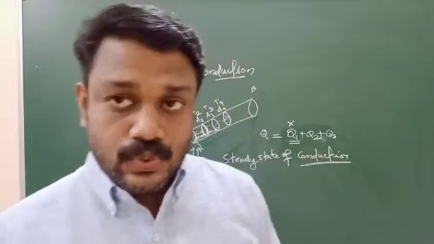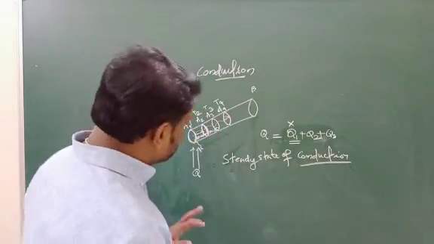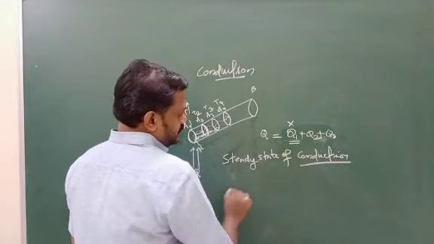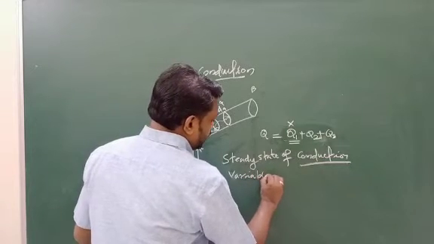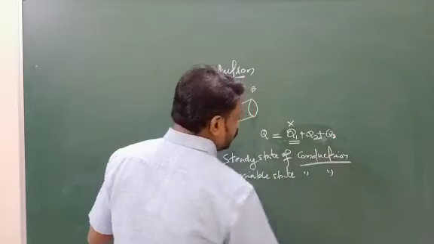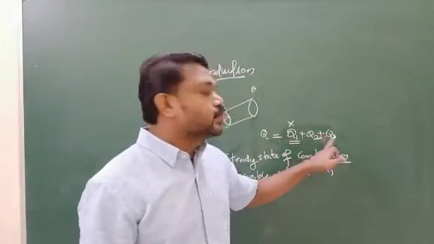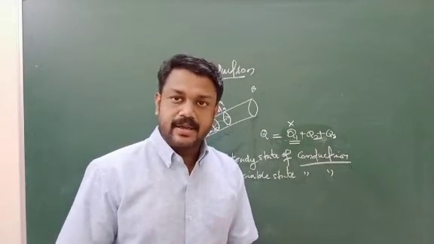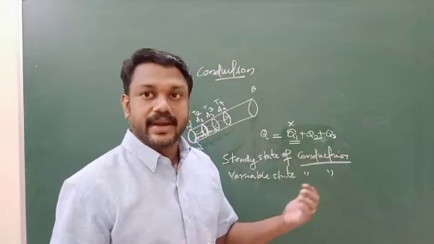During conduction, we can have two situations. The first is the steady state of conduction, and the other is the variable state of conduction. What is the variable state of conduction? It means Q1, Q2 and Q3 are all present: of the heat energy supplied, a part is absorbed, a part is transmitted, and a part is radiated.